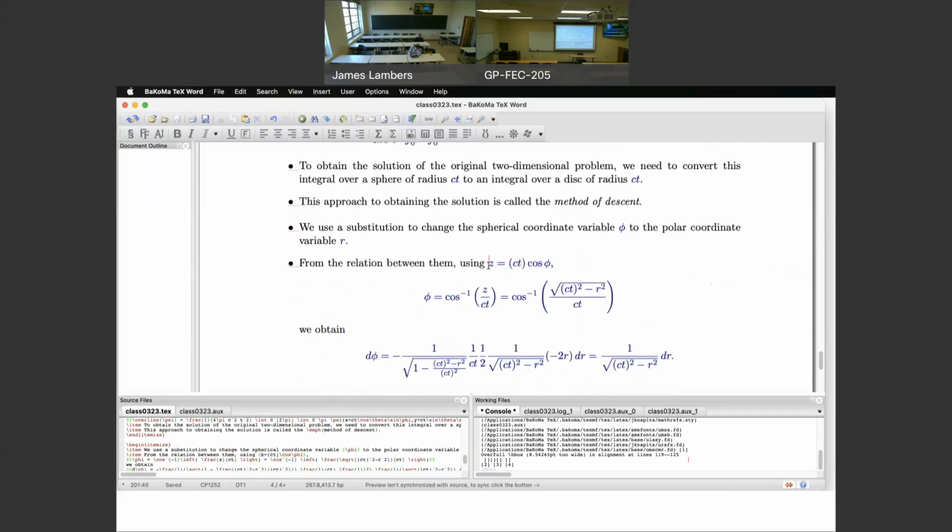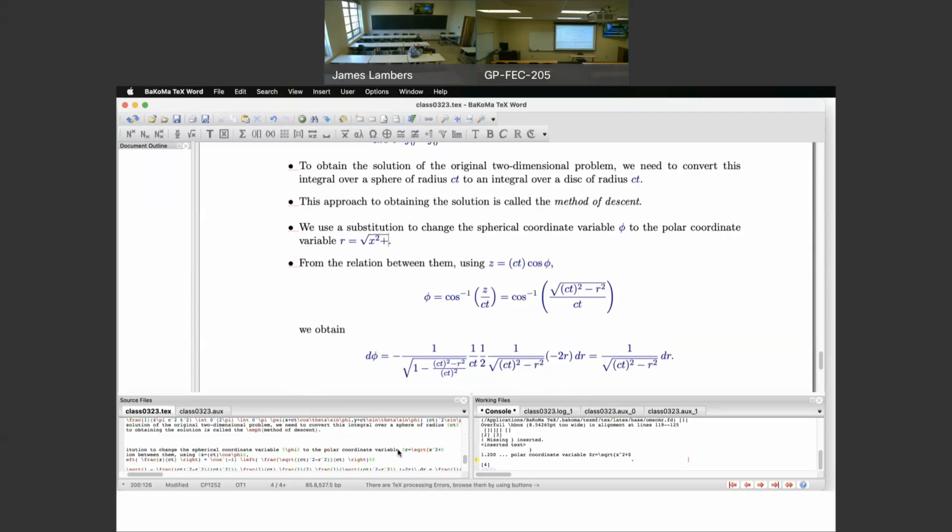So all I've done here is I've rearranged this to isolate phi. And if I keep in mind that in polar coordinates, r is equal to the square root of x squared plus y squared.